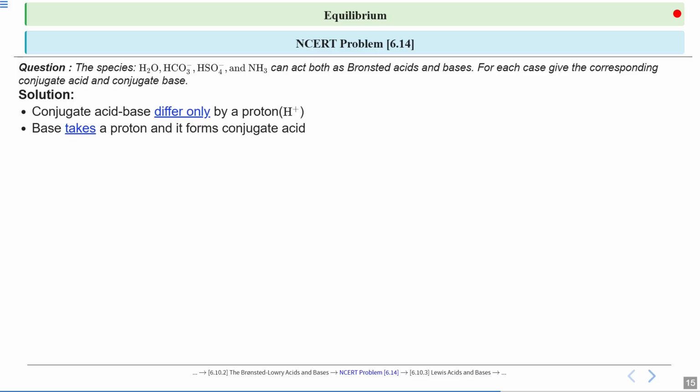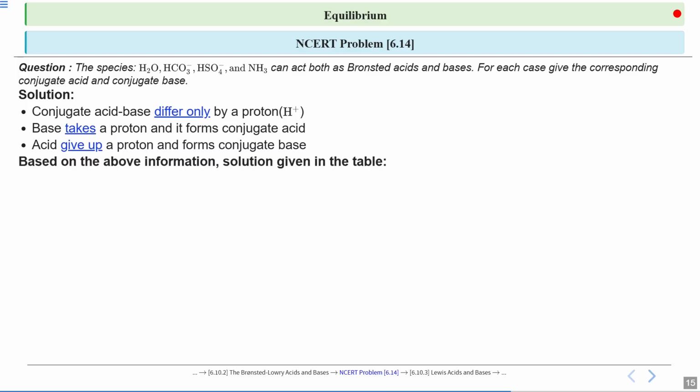If you have to find the conjugate acid, then the base will take a proton to form the conjugate acid. And if you have to form a base, then the acid will give up one proton to form the conjugate base. Now, based on these three important pieces of information, the following table can be built.